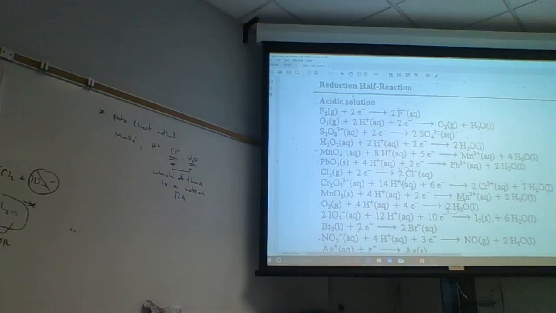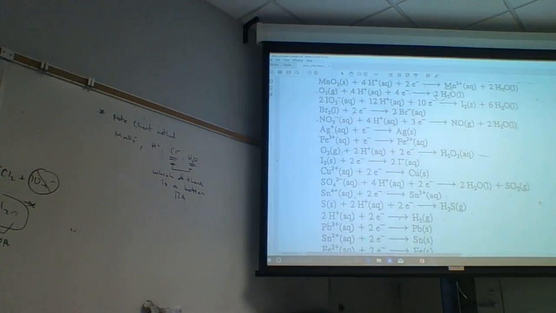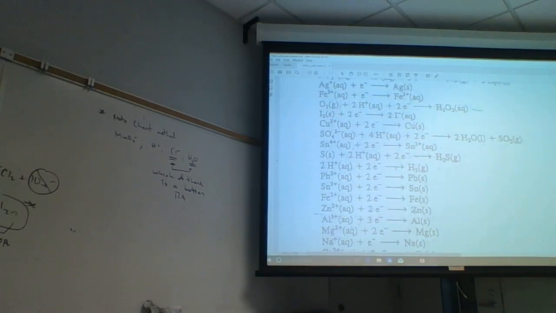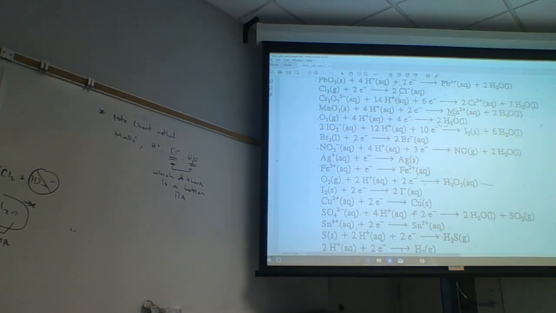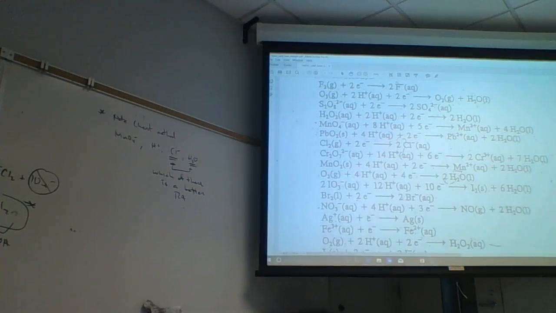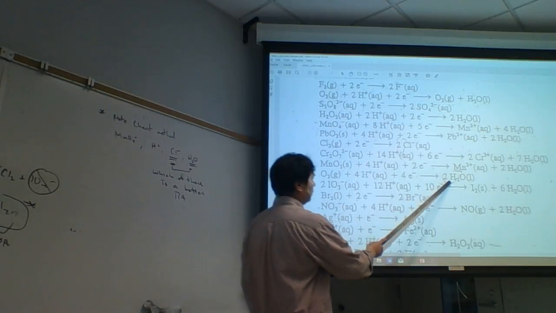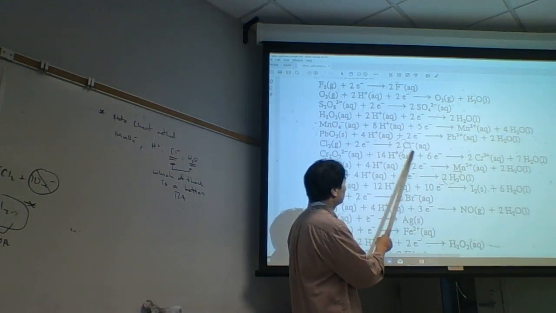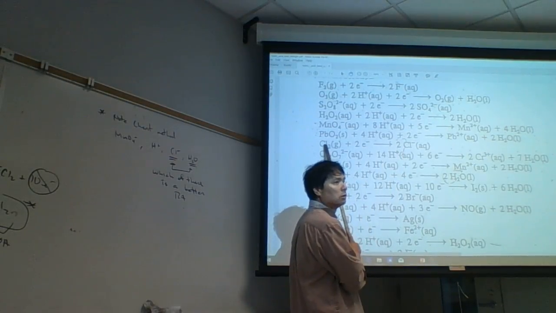When we look at the chart, what is the best reducing agent on the chart? The best reducing agent is lithium. As we go up, we hit water first, which goes to oxygen, and then we hit chloride, which goes to chlorine.